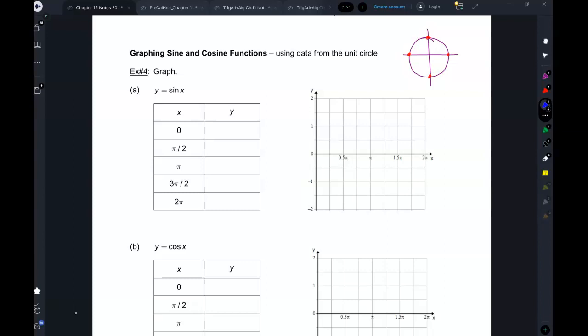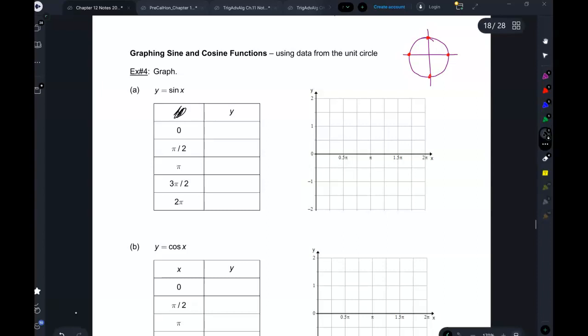When the angle is 0, now this is sine x. Is sine the x or y coordinate here? Y coordinate. So when the angle is 0, what's the sine? 0. When the angle is 0, we're here. What's the y coordinate there? 0.